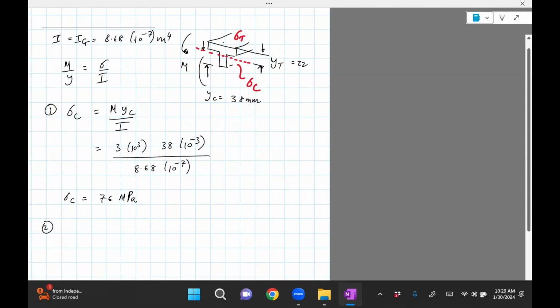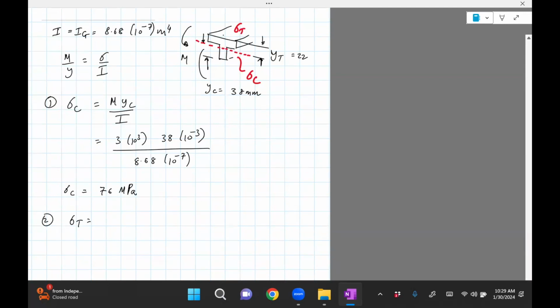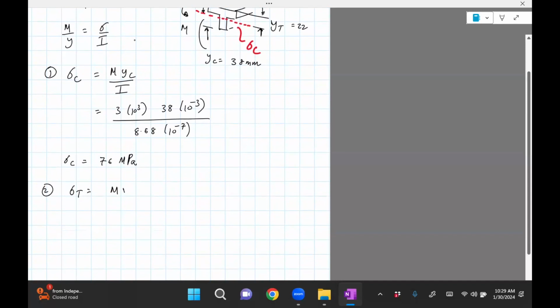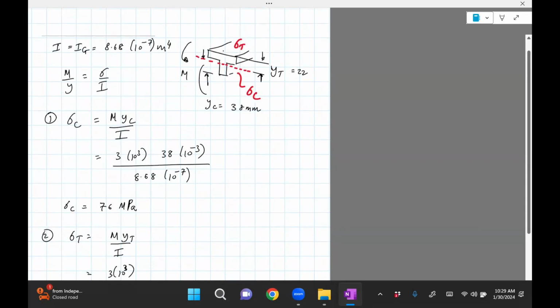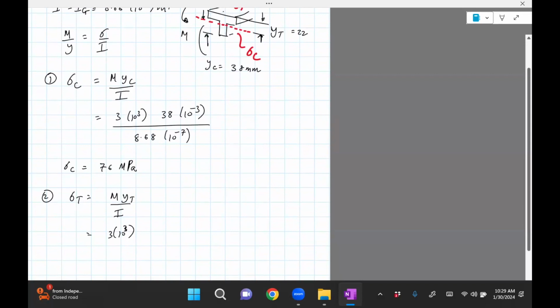In the second part, we need to compute sigma T. That's M YT divided by I. M is the same as before, 3000 newton meter. YT is going to be 22 mm. So convert that to meters, 10 raised to negative 3.